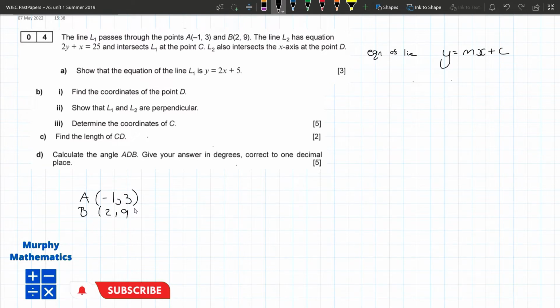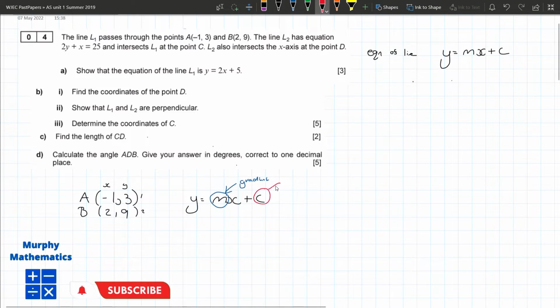I like to set them next to each other and label the top as x's and y's, x on the left, y on the right. So we need to use y = mx + c. The first thing we need to find out is this m, which we should know is the gradient. And then we're going to have to find this c, which is the y-intercept.